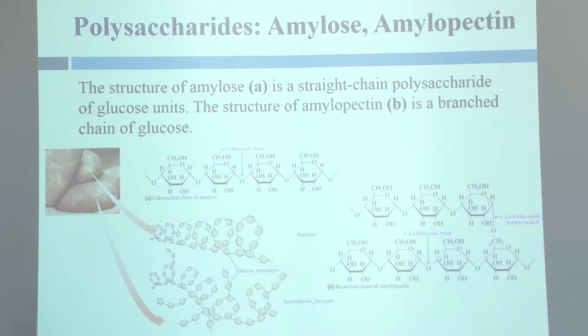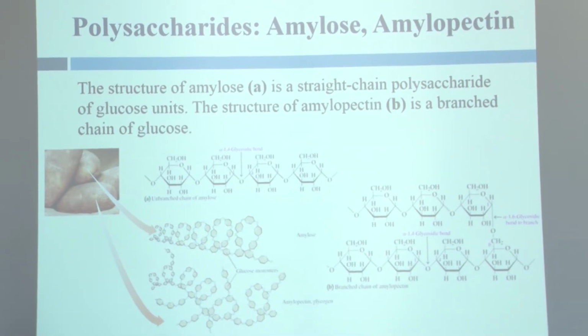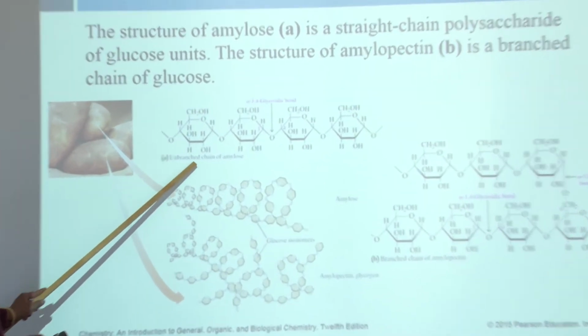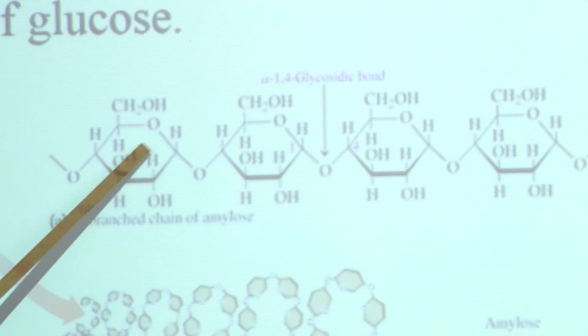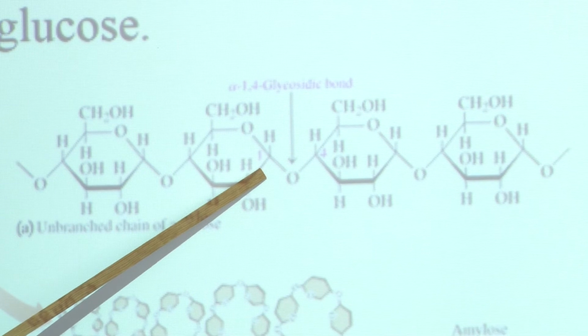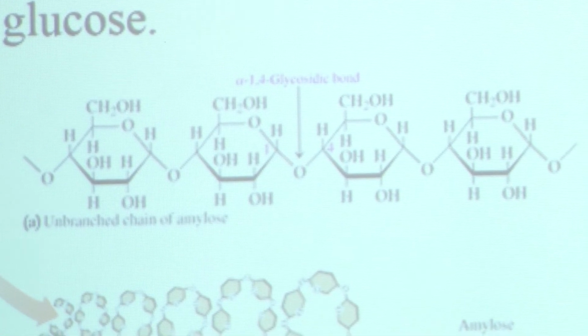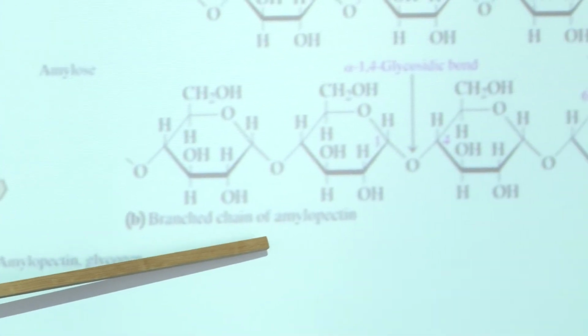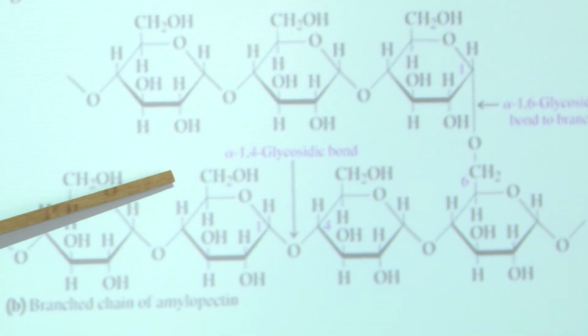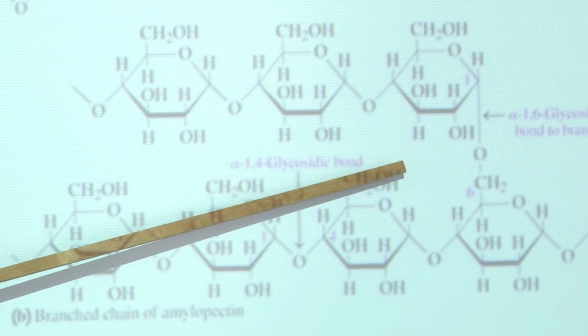Amylose and amylopectin, the structures. Amylose is a straight chain polysaccharide with alpha 1,4 glycosidic bonds, and amylopectin is a branched structure with 1,4 glycosidic and 1,6 glycosidic bonds.